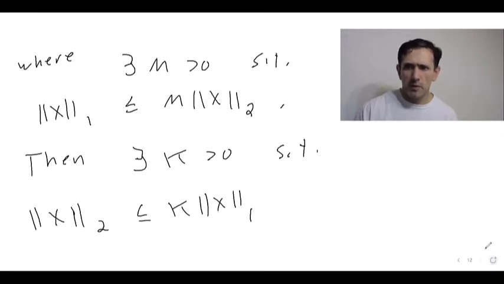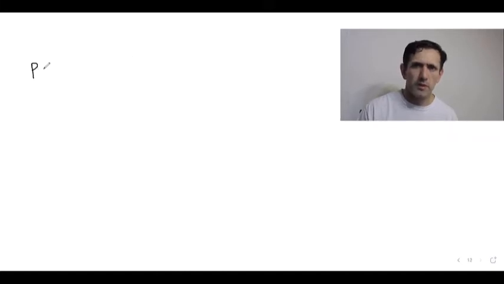Okay, right. So the proof is, well, if you think about it, what do we need to do? We need to prove that the following linear map is bounded. We need to prove that the identity map, which just takes in little x and spits out little x, is bounded.